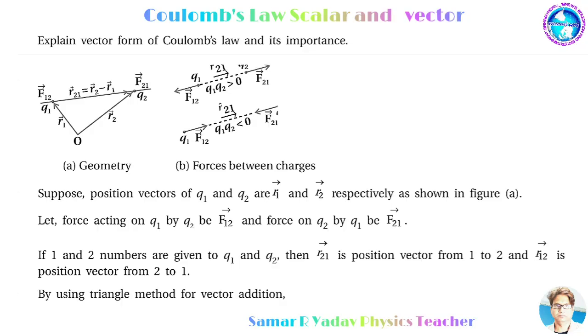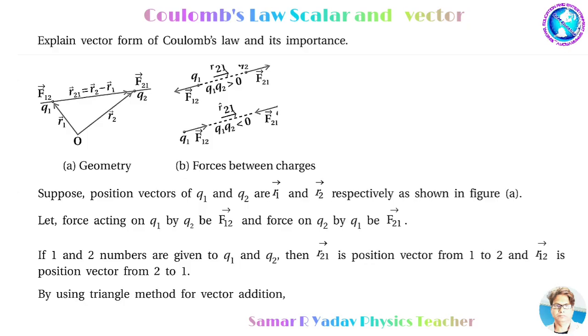In figure B, when q1 q2 is greater than 0, q1 and q2 have a repulsive force, that is F12 and F21. In the second figure, when q1 q2 is less than 0, the force will be attractive, that is F12 and F21 towards each other, with unit vector r21.